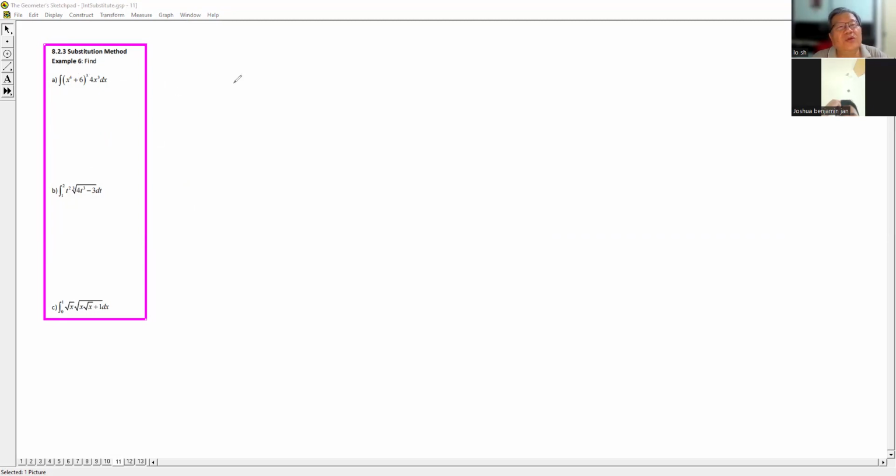So I use u equals x to the power of 4 plus 6. Okay. Then you find what is du over dx. Then you separate the du and the dx. Then you substitute inside this.